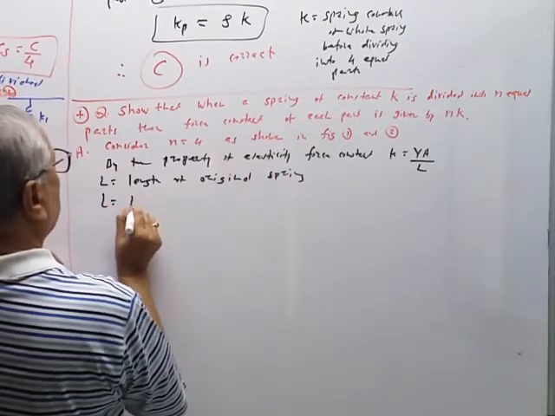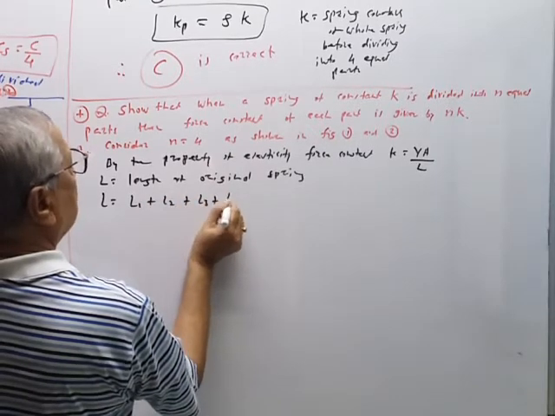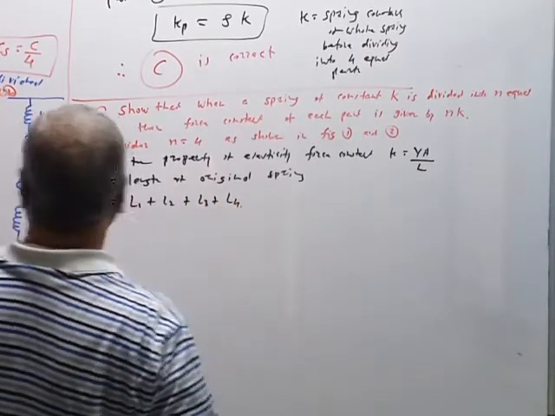So L is equal to L1 plus L2 plus L3 plus L4.